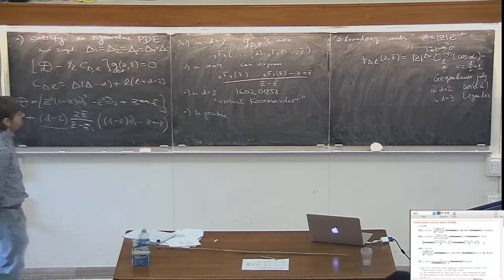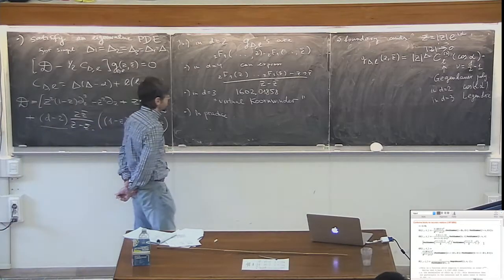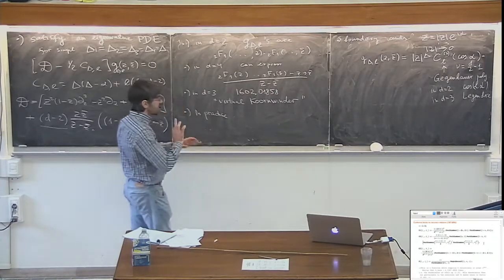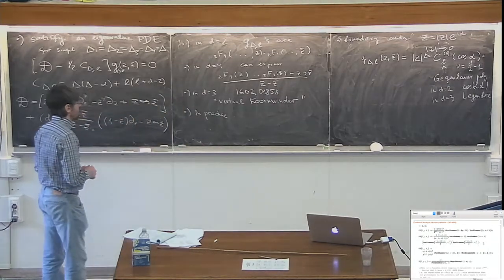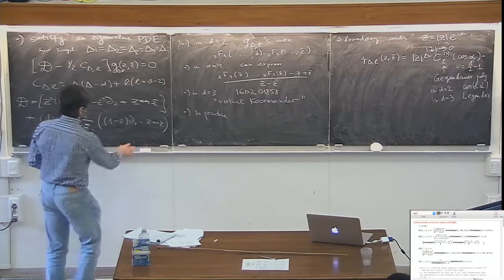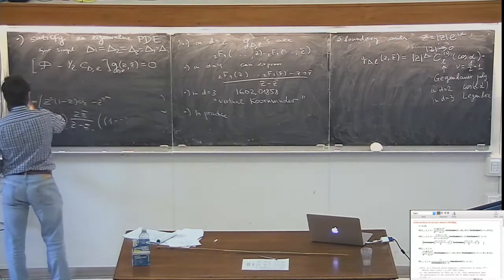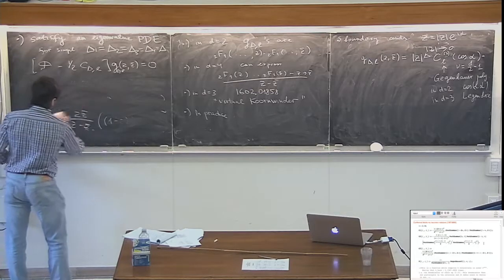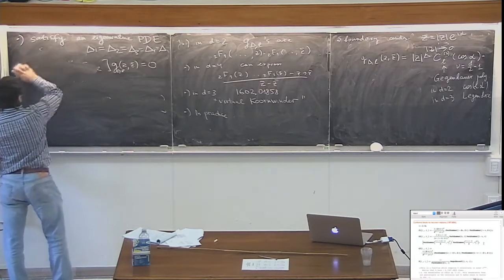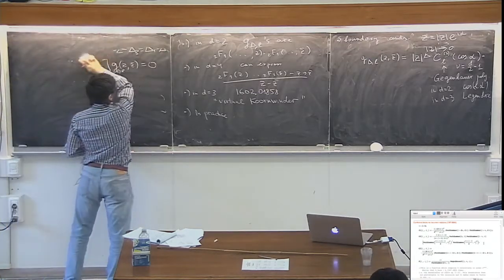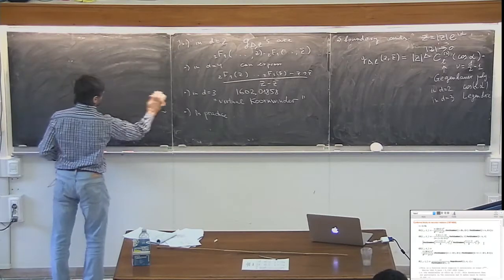So what do you do in practice? In practice, it turns out, as I said, that there are these very efficient power series expansions. And actually the way you generate these expansions is in a slightly different coordinate frame. Let me write it down.